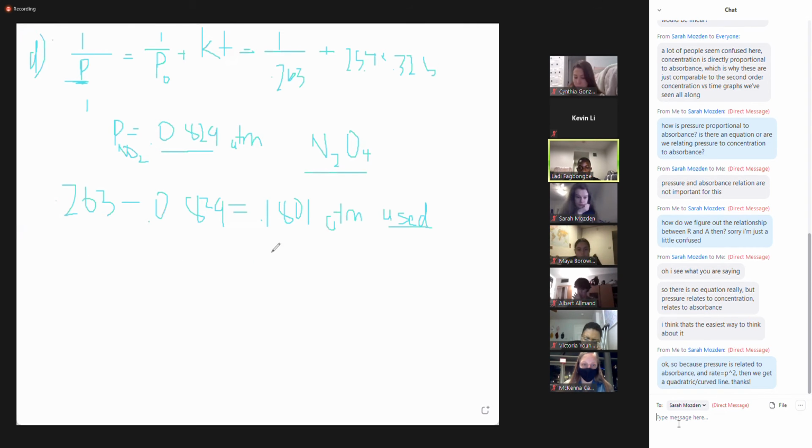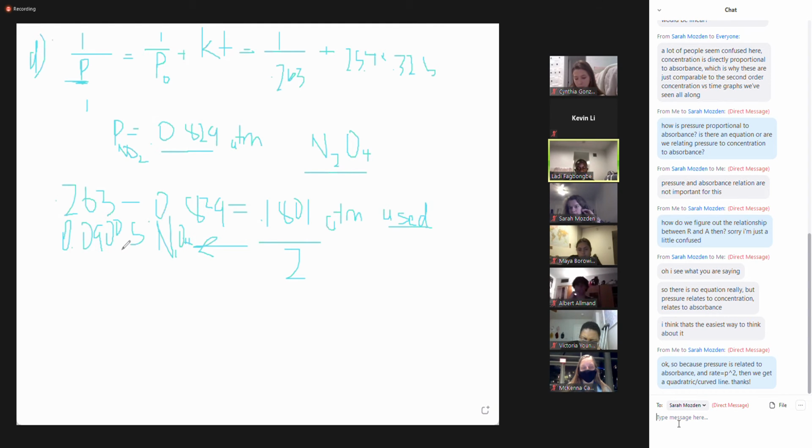So if you take this value and you divide it by 2, that gives you 0.09005, and that's atmospheres of N2O4. Okay, so that is our pressure of N2O4 after 0.325 seconds.